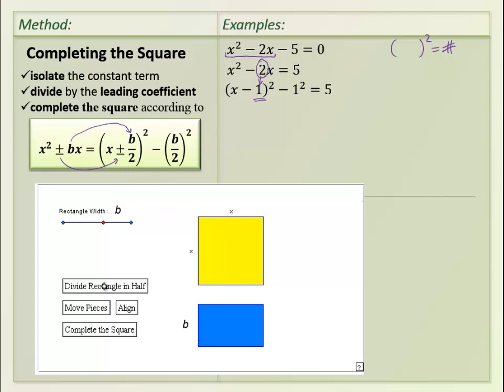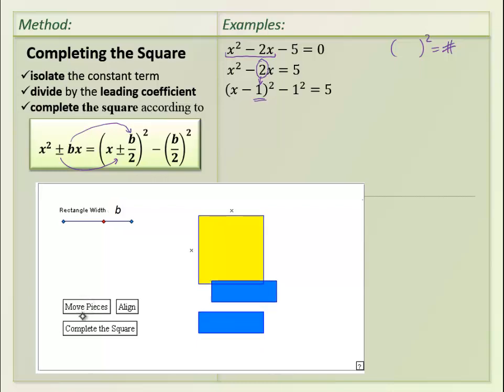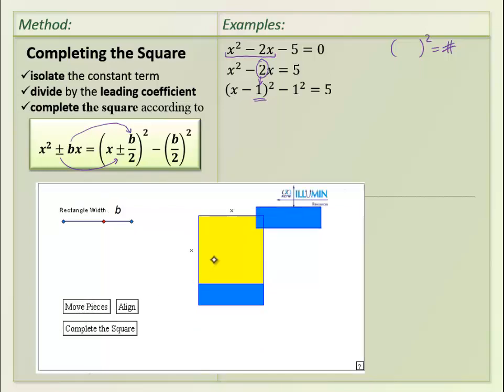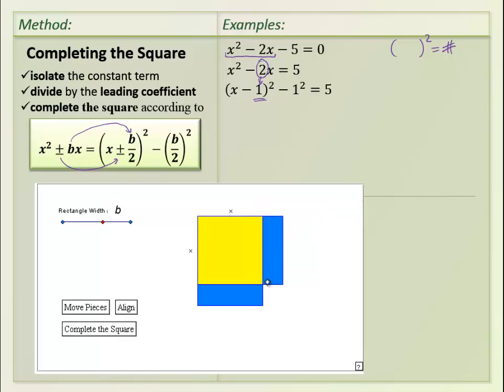If we divide this rectangle in half along the side x, then we obtain two rectangles with sides x and b half. So let's move these rectangles and attach them to the yellow square, aligning the second blue rectangle along the other side of the yellow square.